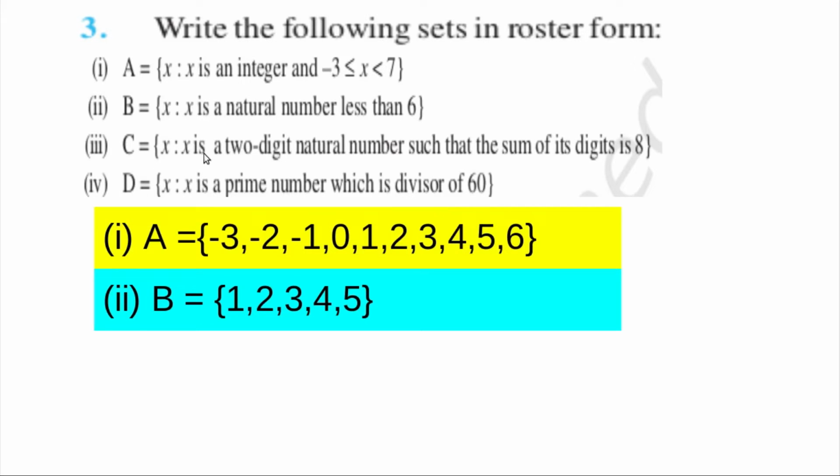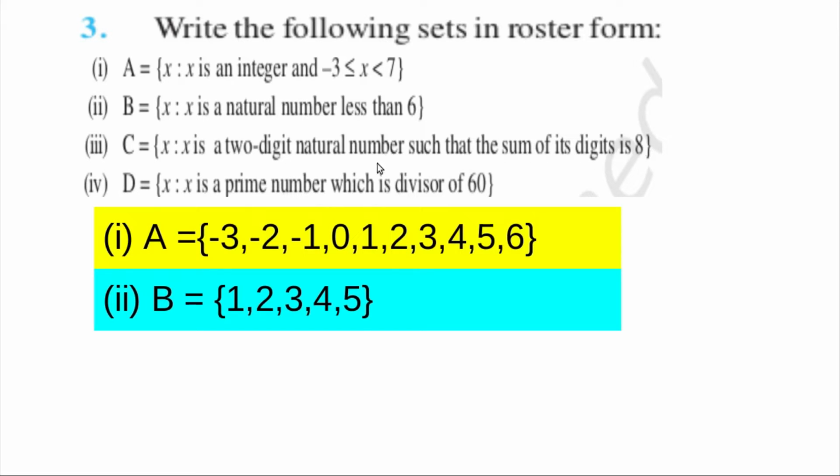You have to write all 2-digit natural numbers, but there is a condition: the sum of its digits, that is, when the 2 digits of the number are added, the answer should be 8. Sum of its digits is 8.